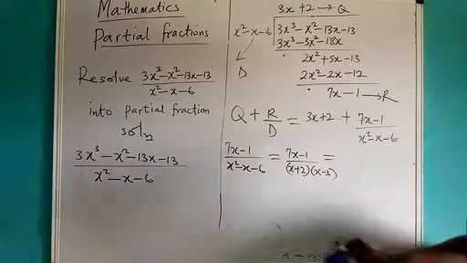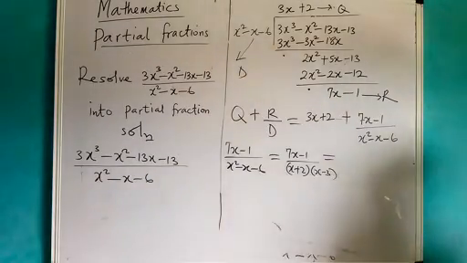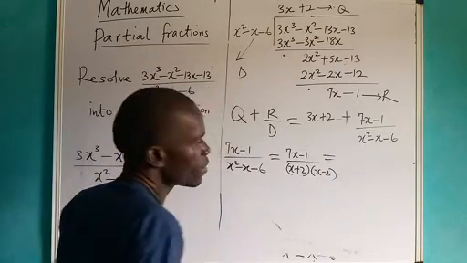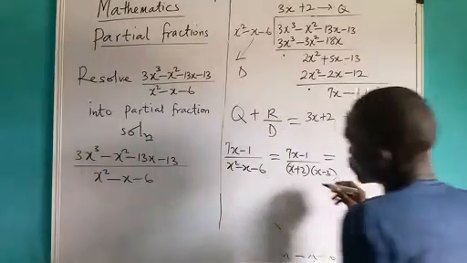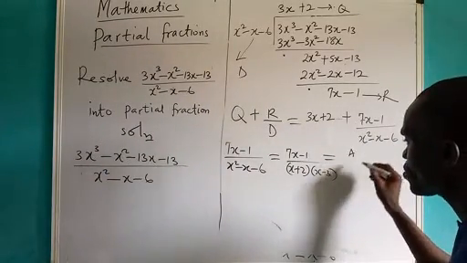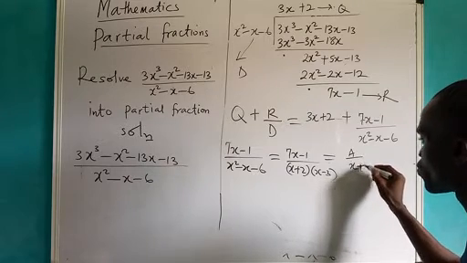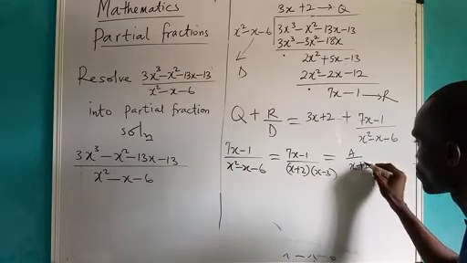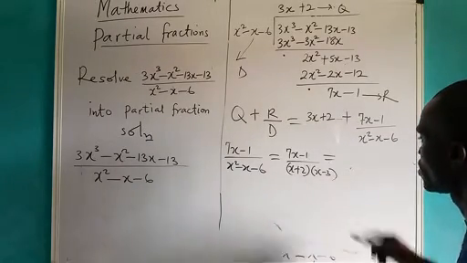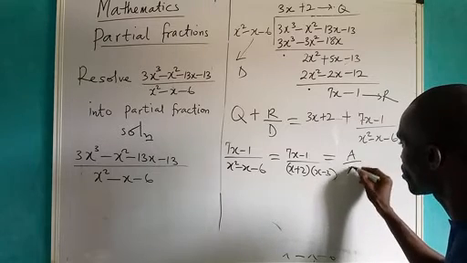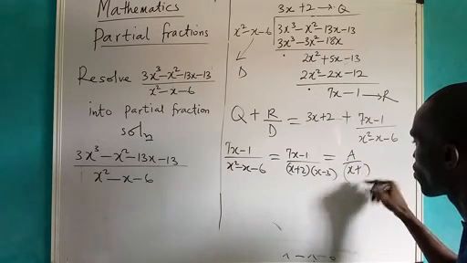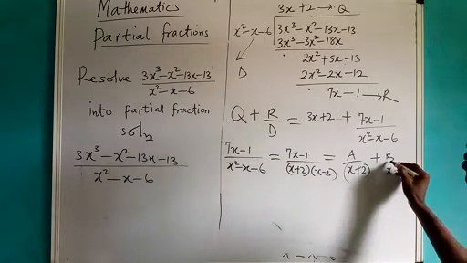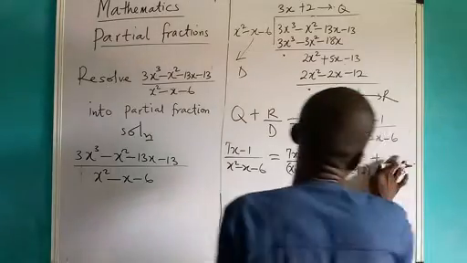Remember, I told you we always split a partial fraction into other smaller fractions, like using A or using B or using C. Now, to split this one becomes A all over S plus 2, plus B all over S minus 3. You can see there, this is what we have here.